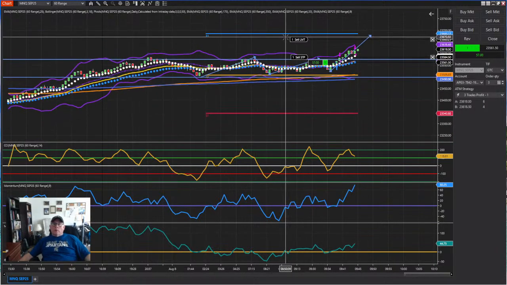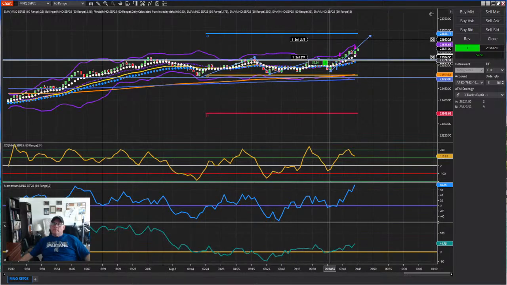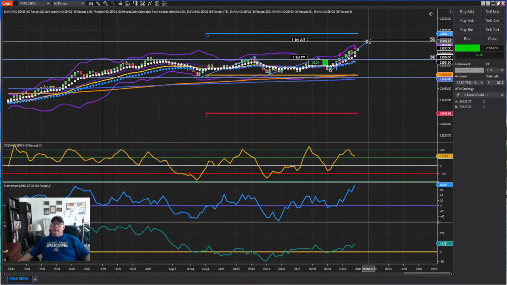Looks like we're going for the R1 line roughly. Nice solid move up. We should be able to hit that, you would think.